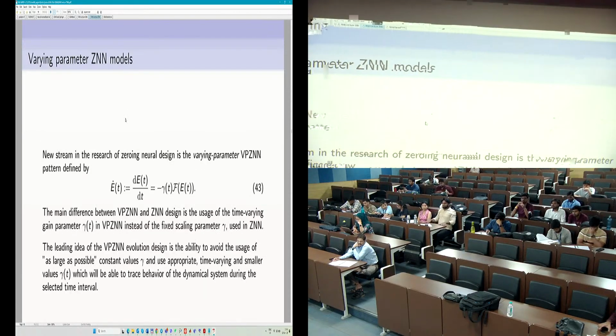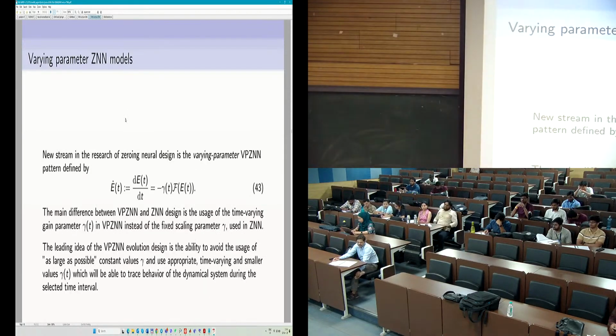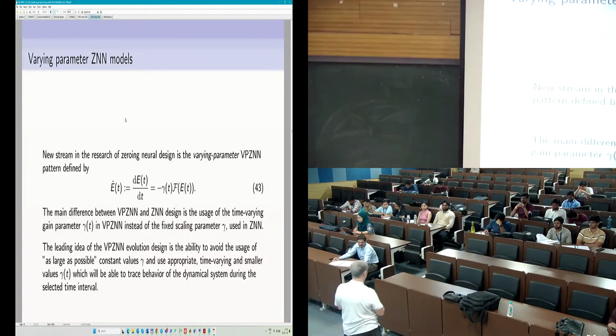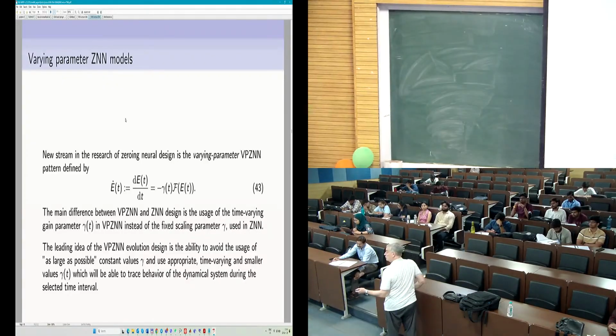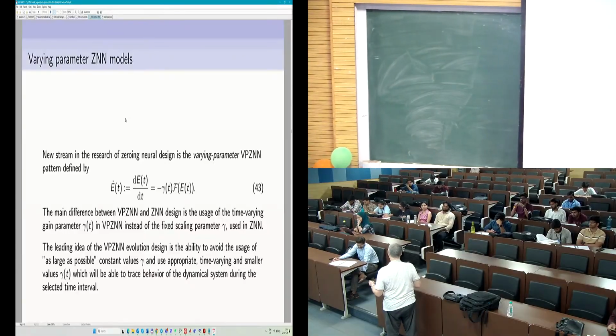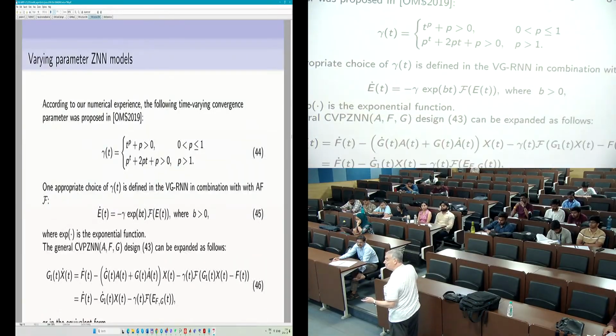So, of ZNN dynamics. So far, all those researchers put here gamma, and after that investigation, can we use another approach to define gamma of t?